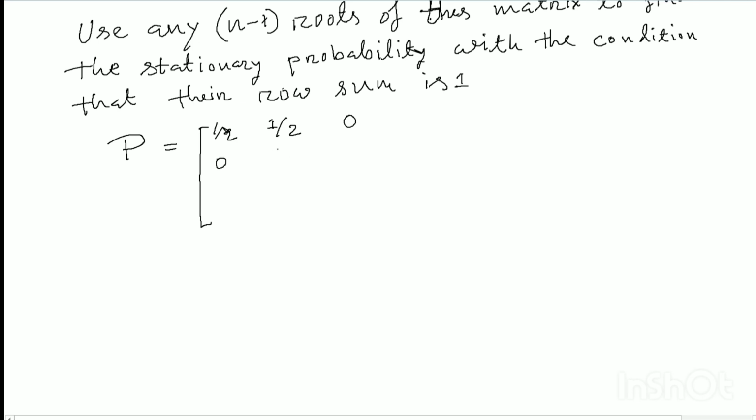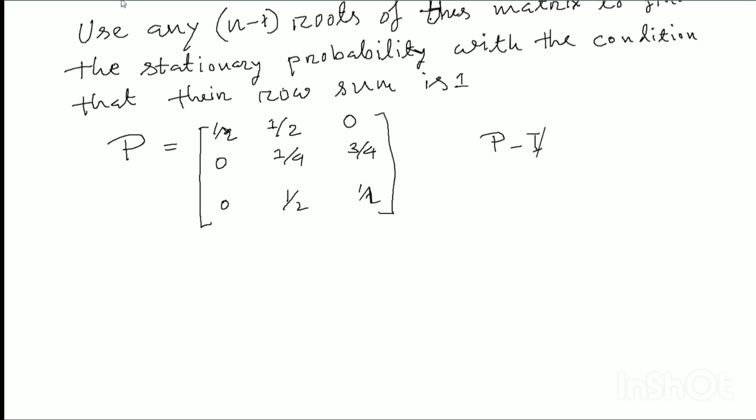Now I have written one example. P equals half, 0, 0, 1 by 4, 3 by 4, 0, and so on, for a proper understanding of this rule. How can we find it out? If it is n cross n, maybe 3 cross 3 is also included here. So you see my total probability. Now I have to find P minus I. Very simple.